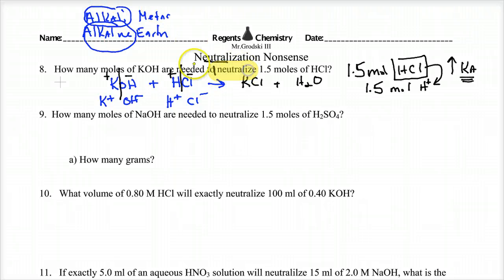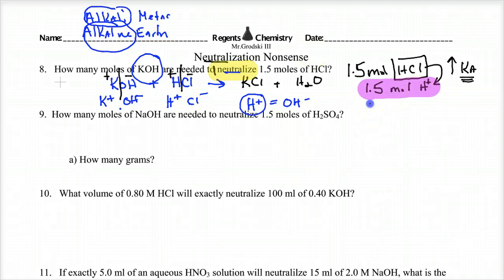Okay, so I know at neutralization, because they said the word neutralize. Neutralize means, very important you understand this, where the protons equal the hydroxides from the chemicals. So how much base was needed to match all of the protons? Well, I know I have 1.5 moles of protons. So guess what?